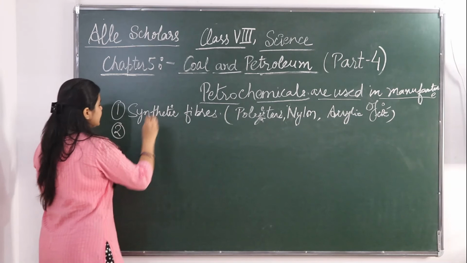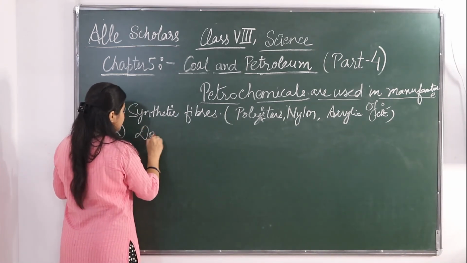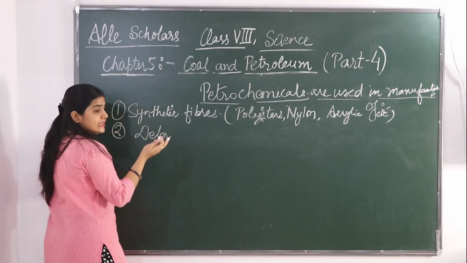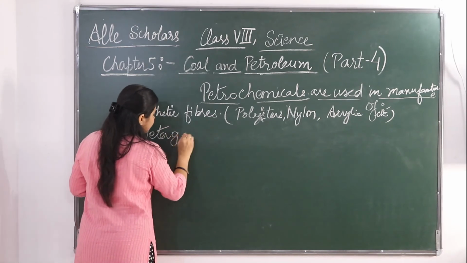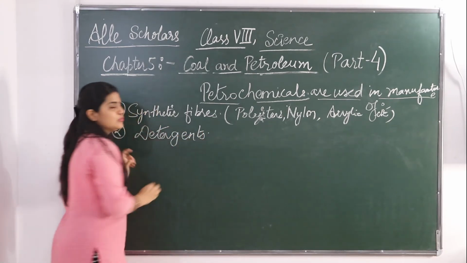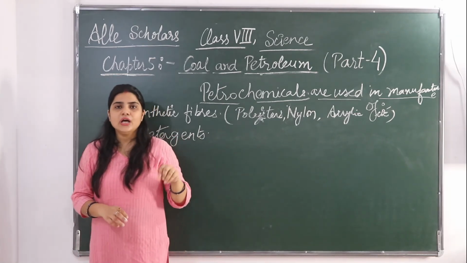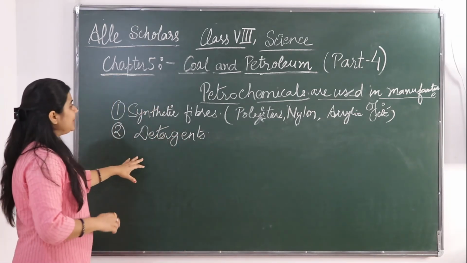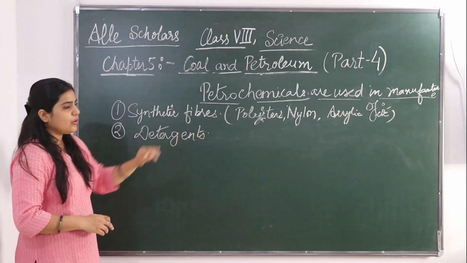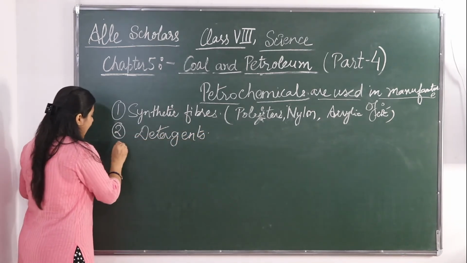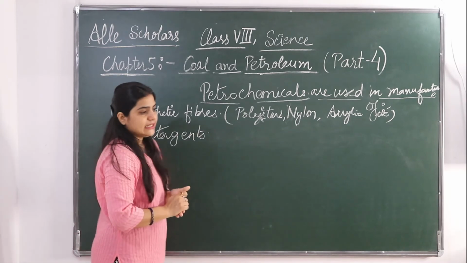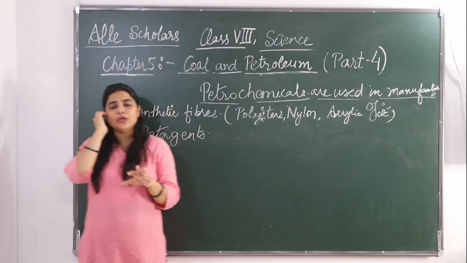Then these petrochemicals are used in the manufacturing of detergents. Detergents are what we use for washing clothes and utensils. Those detergents are made from these petrochemicals. We have also studied in our previous chapter about polythene.